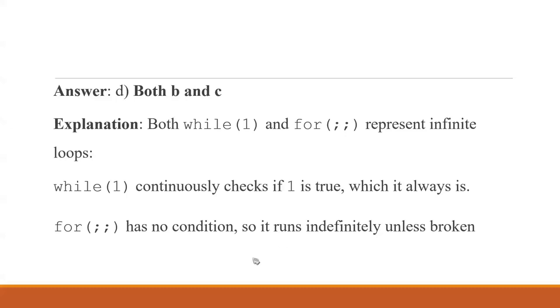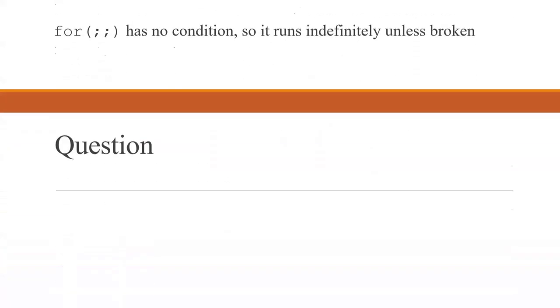The while 1 continuously checks if 1 is true, which it always is, and the for has no condition, so it runs indefinitely unless broken. So you need to provide a break to avoid it running continuously.